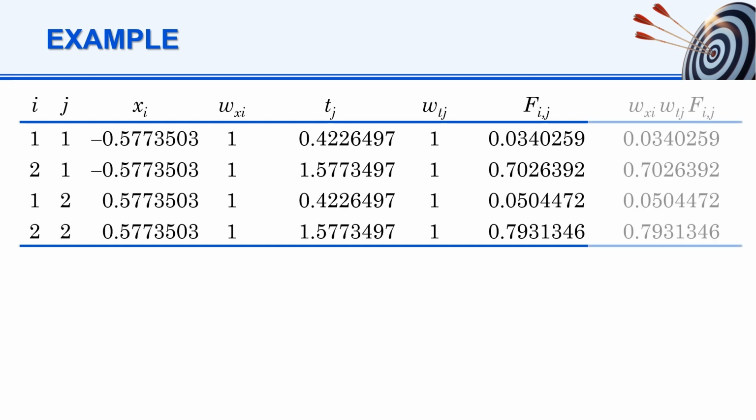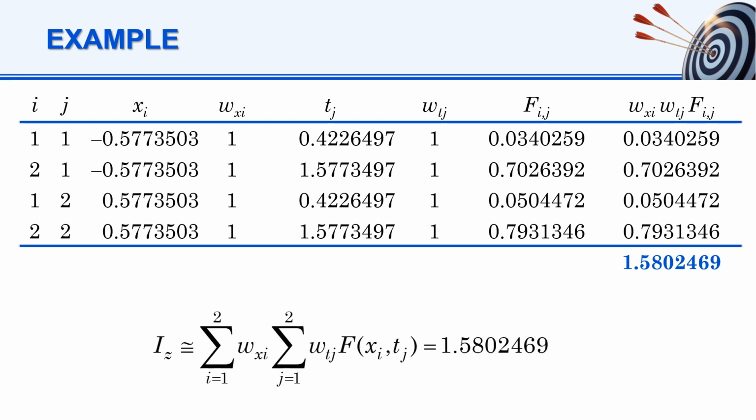The last column is the product of the function values and the corresponding weights. Since the weights in both quadratures are all 1, the last column is the same as the seventh column. Summing the values in this column gives the numerical estimate to the inertia moment.